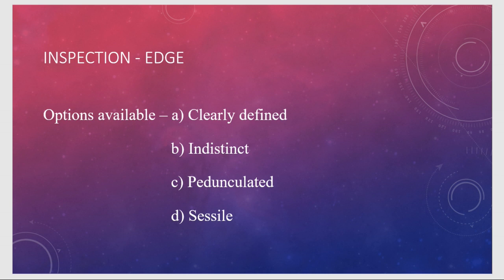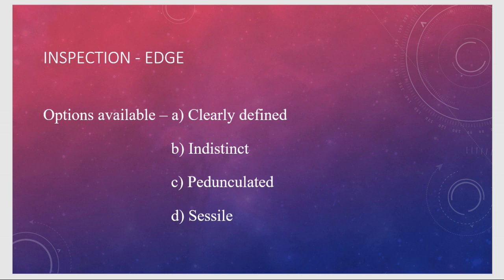Pedunculated means a long stalk is there and the swelling is hanging from that stalk joined to the body. Sessile means the swelling is just near the body surface, the origin tissue.